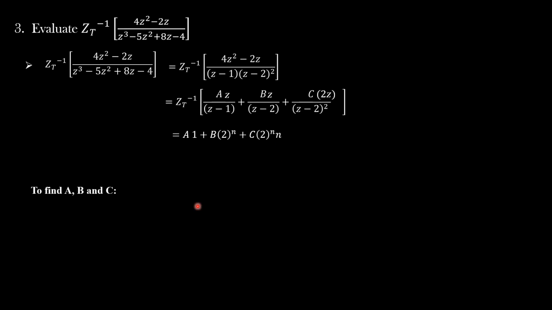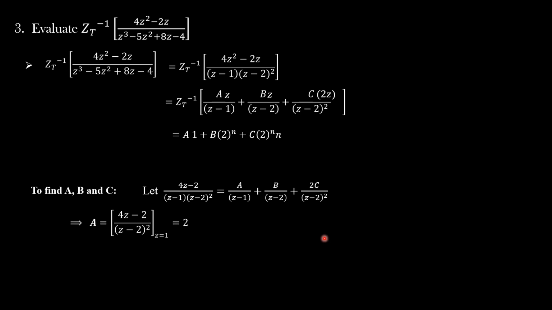To find a, b, c, let (4z - 2)/((z - 1)(z - 2)²) = a/(z - 1) + b/(z - 2) + 2c/(z - 2)², which implies a is (4z - 2)/(z - 2)², and substitute z = 1, so that you will get a = 2.